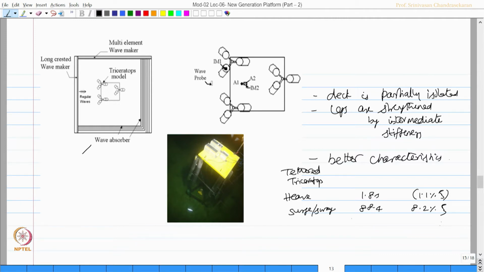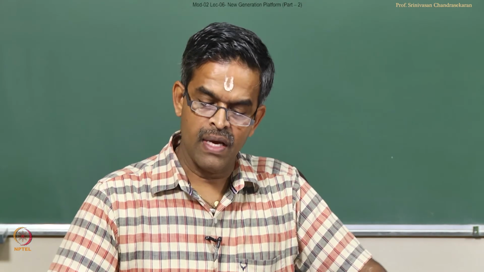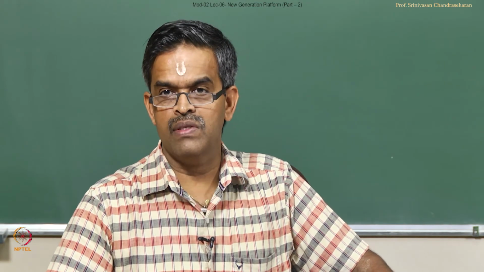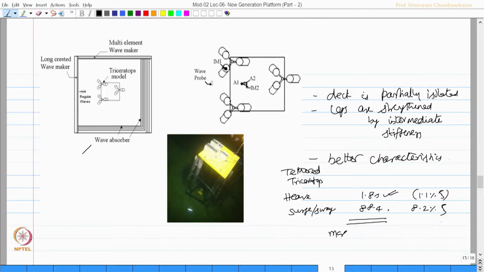When you compare these values with the earlier periods what I gave you for an independent buoyant leg triceratops, they showed more stiffening in vertical plane and reduced frequency or time period, in the sense more stiffness in horizontal plane as well, which is a great advantage as far as the structural form is concerned.